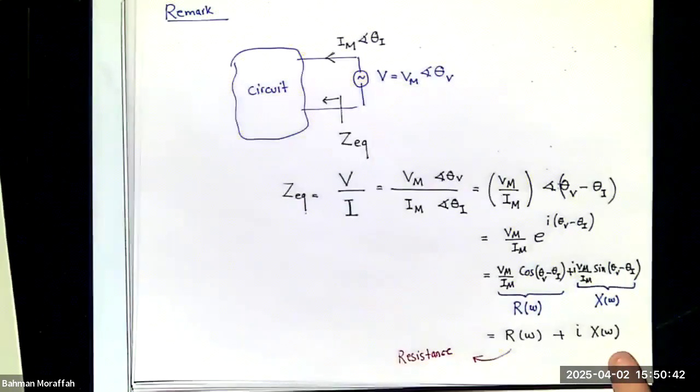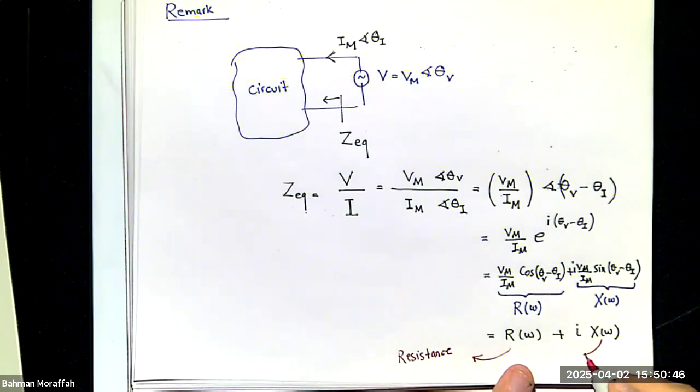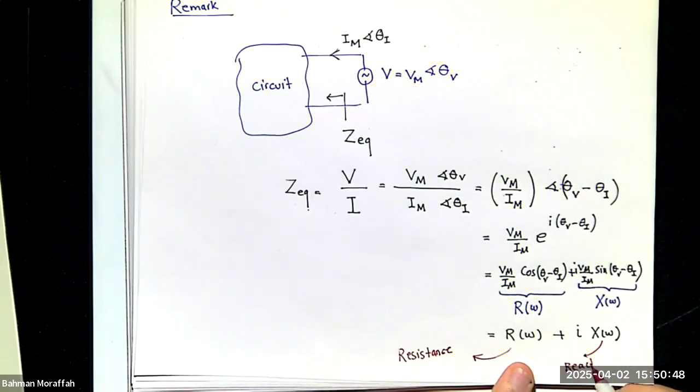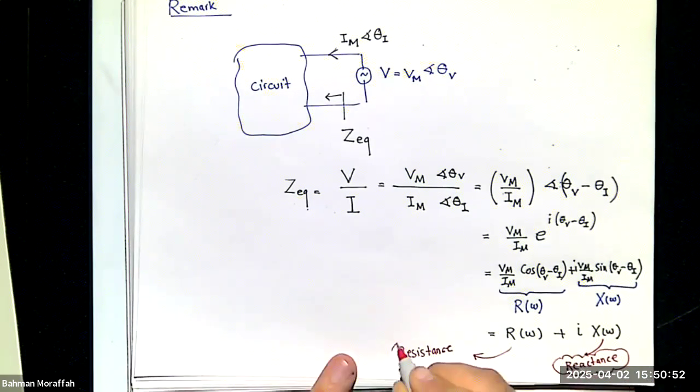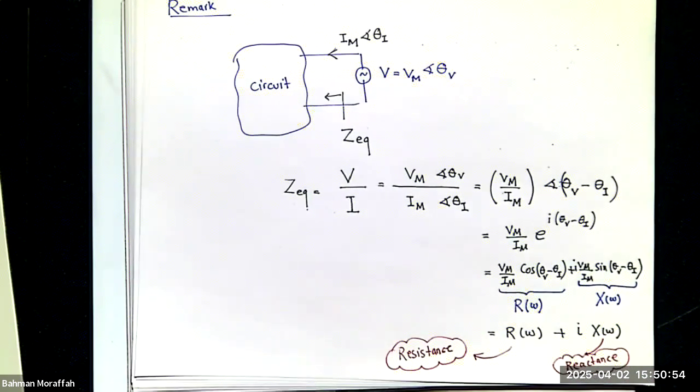The imaginary part of it is called reactance. Just keep that in mind. Remember, Z is always a complex number.